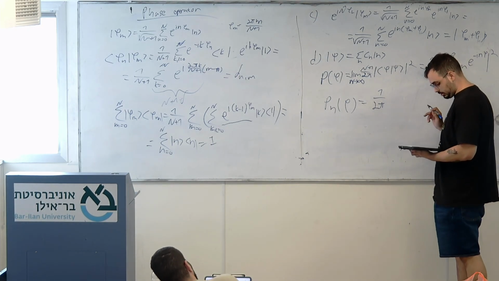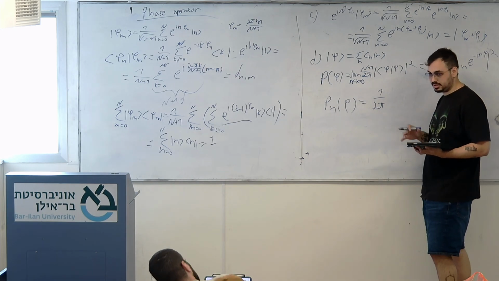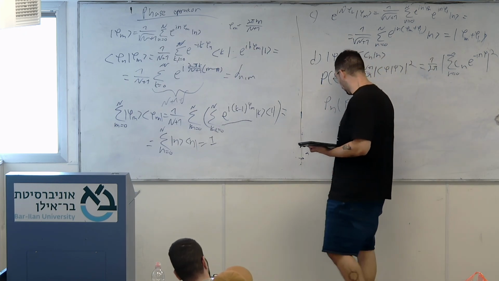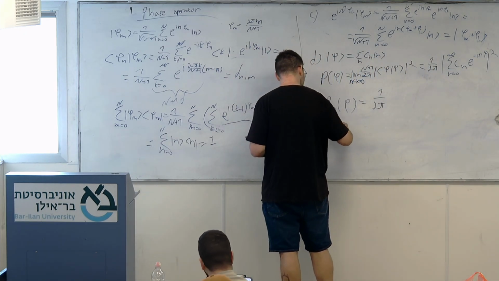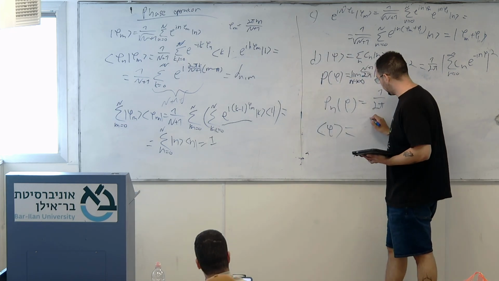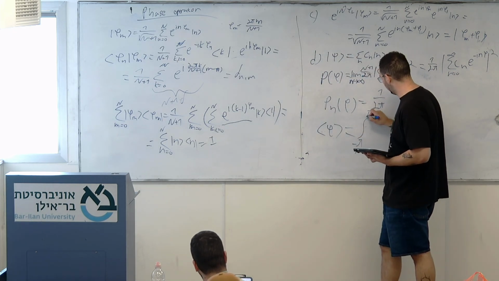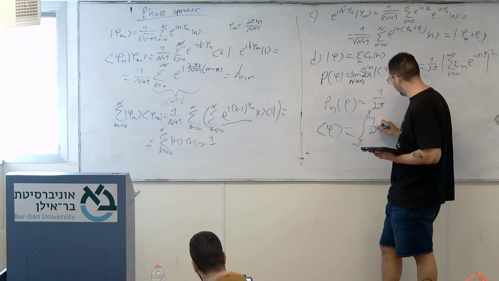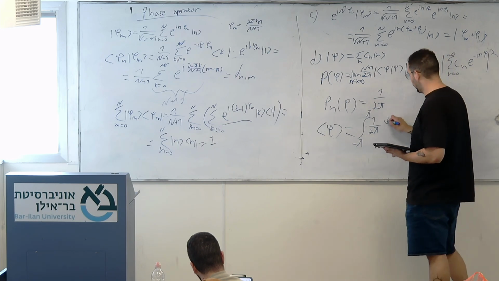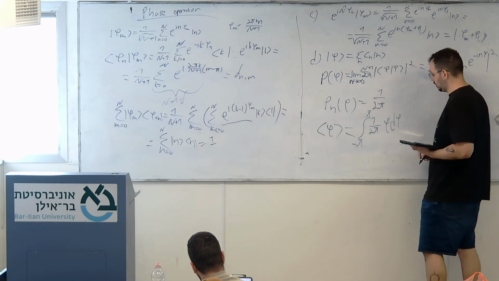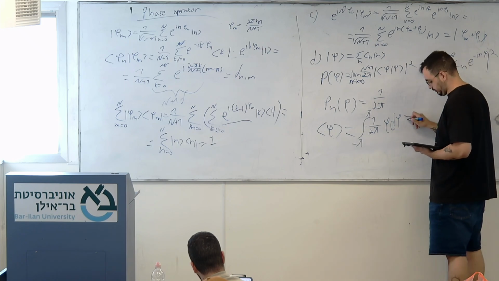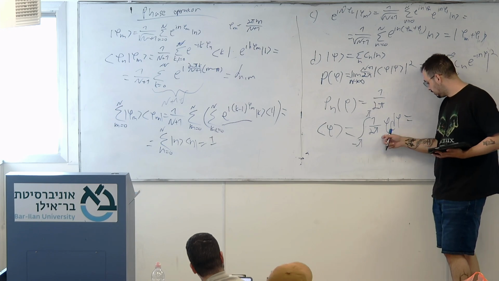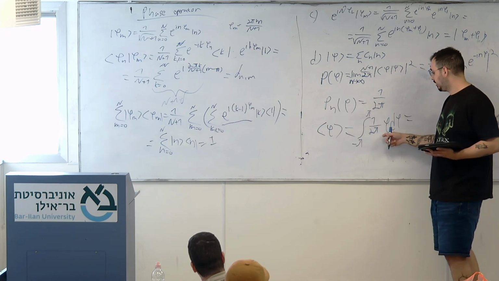And let's actually check the other characteristics that define any state, which are the average and the variance. If we're talking about statistics, for the average we just need to take the integral over all the possibilities, from minus pi to pi, of the probability to get every possibility, 1 over 2 pi times phi d phi, times the characteristic that we want to average on, and this would just be phi squared of pi minus phi squared of minus pi.